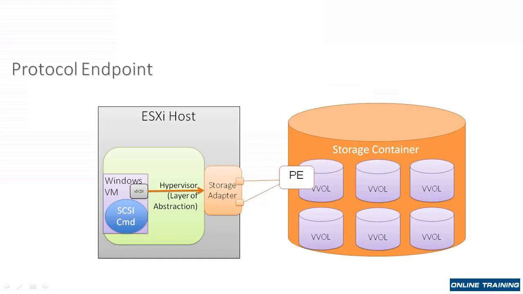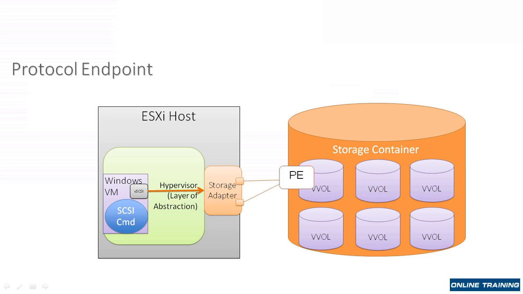So our storage container is where all of our virtual volumes exist. As a virtual machine needs to send storage commands to its virtual disks, for example, we have something called the protocol endpoint that handles all the traffic. Our host doesn't really care about the storage container. It doesn't care how big or small it is, or how many of them there are.